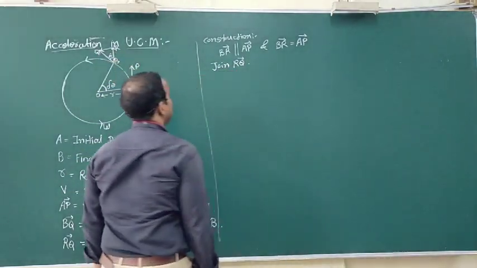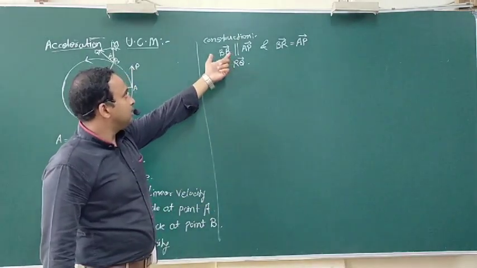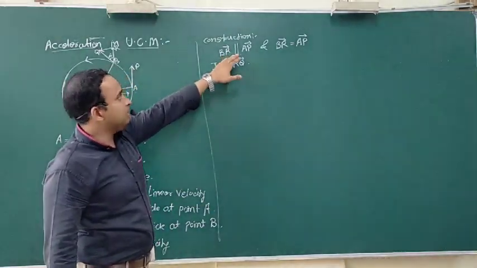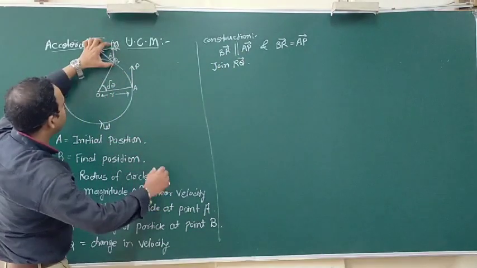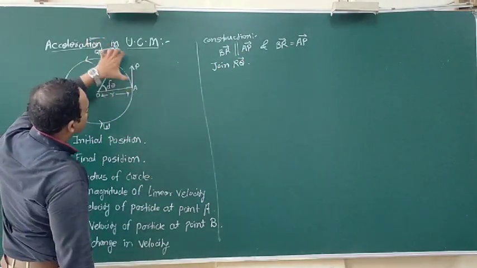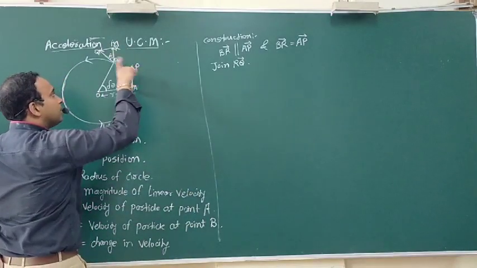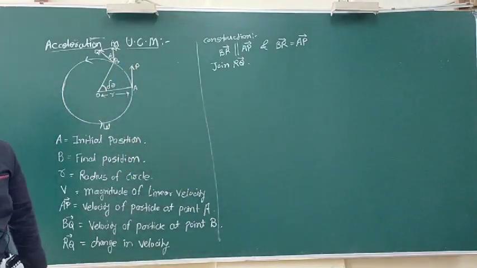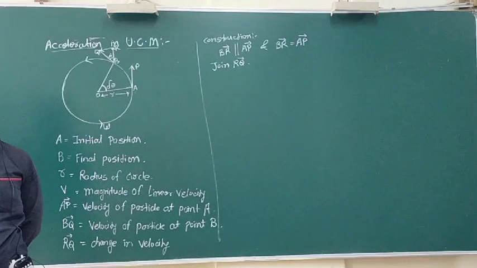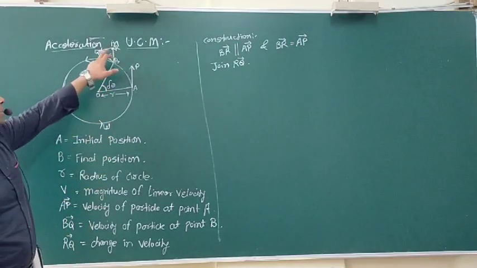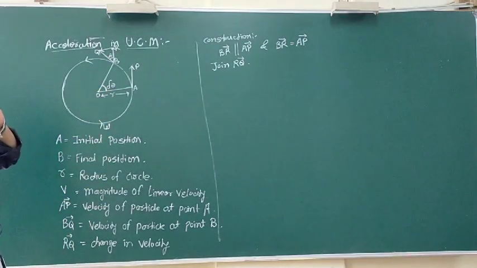Now we will consider that BR bar is parallel to AP bar, and BR bar is equal to AP bar, that means the magnitude is the same. Okay, and join RQ bar.